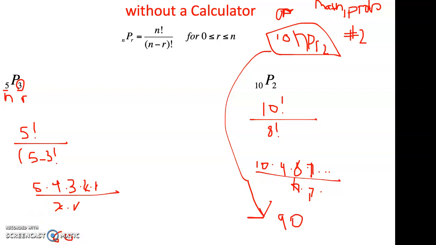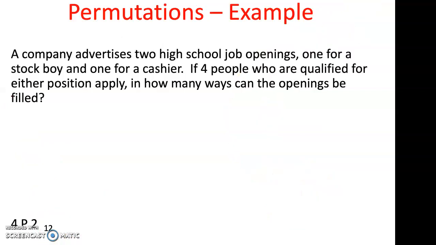Okay, so how do we use this? That's the question. A company advertises 2 high school job openings, one for a stock boy and one for a cashier. If 4 people who are qualified for either position apply, in how many ways can the openings be filled? So you need to decide what is your N, what's your group you're choosing from, and what is your R, how many do you need?